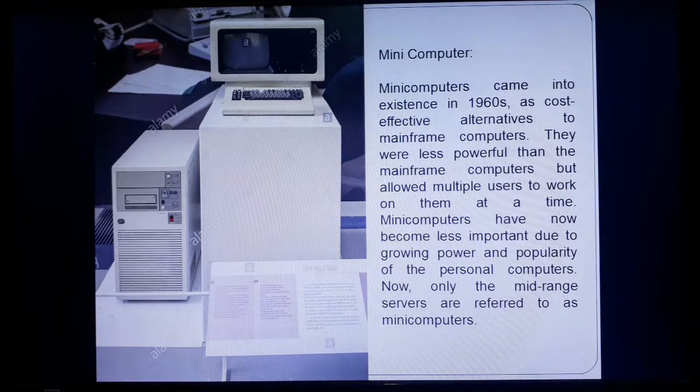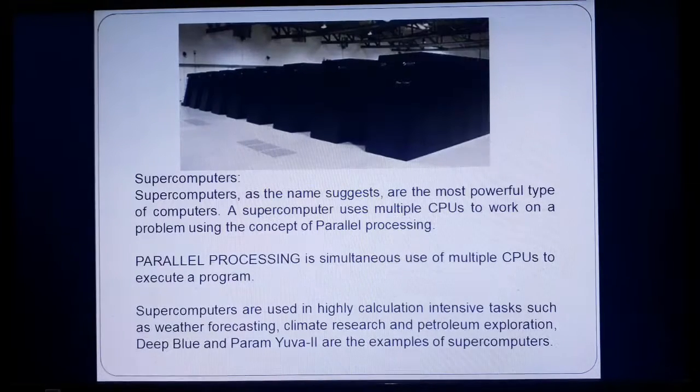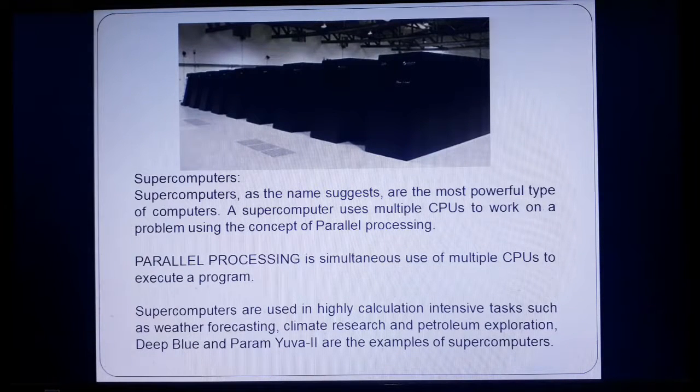Now come to the last type of computer, that is supercomputers. Supercomputers, as the name suggests, are the most powerful type of computers. A supercomputer uses multiple CPUs to work on a problem using the concept of parallel processing. Now the question is, what is parallel processing?